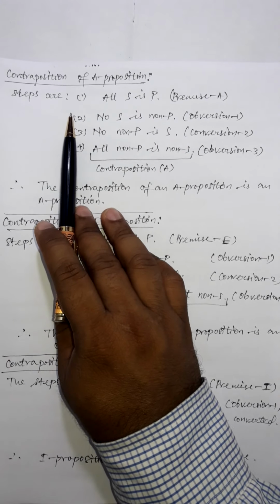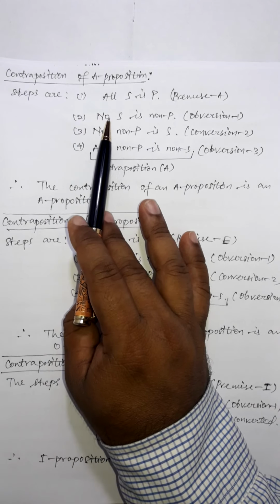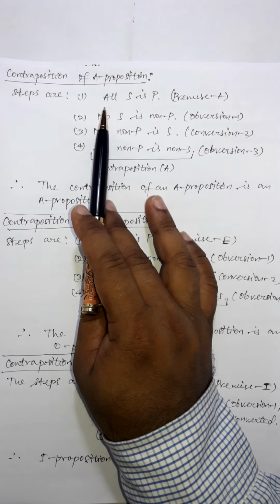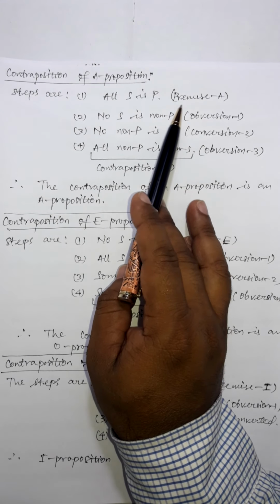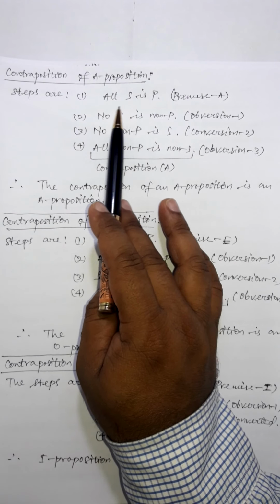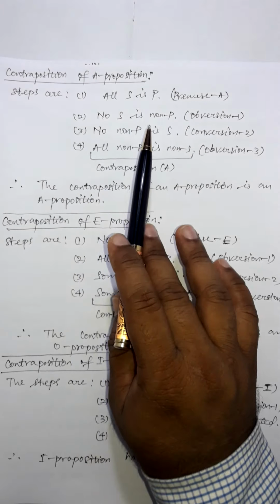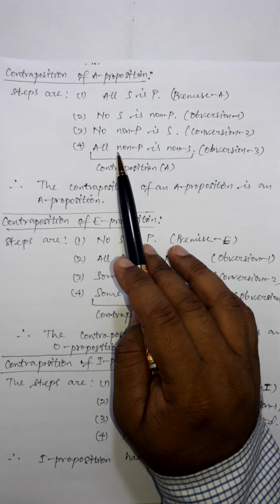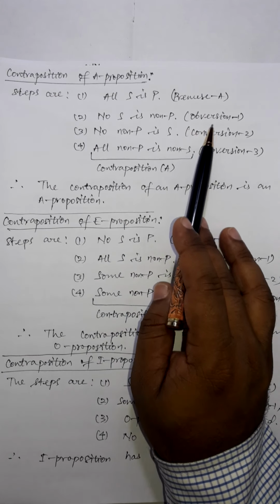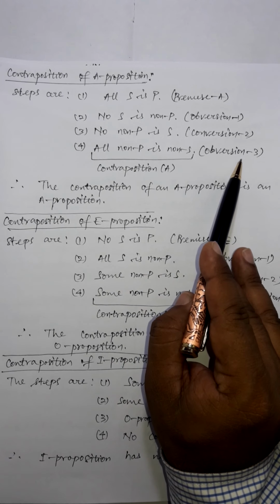I told you, friends, the first step is the premise. Here the premise, the first statement, is all S is P, which is the A type proposition. Now we'll get the contrapositive in three stages: obversion, conversion, and again obversion.